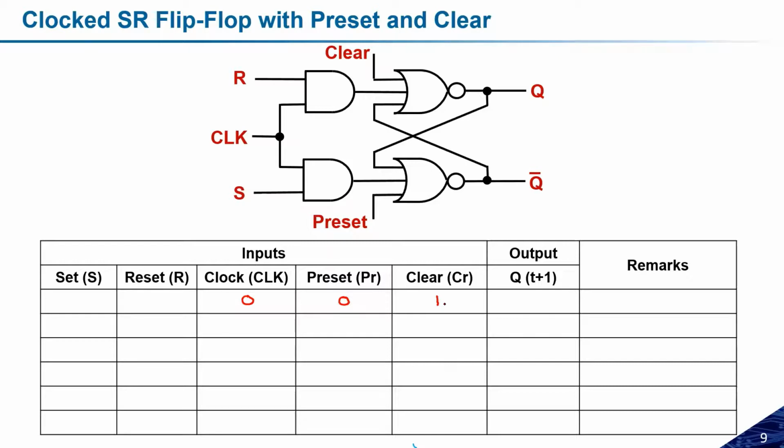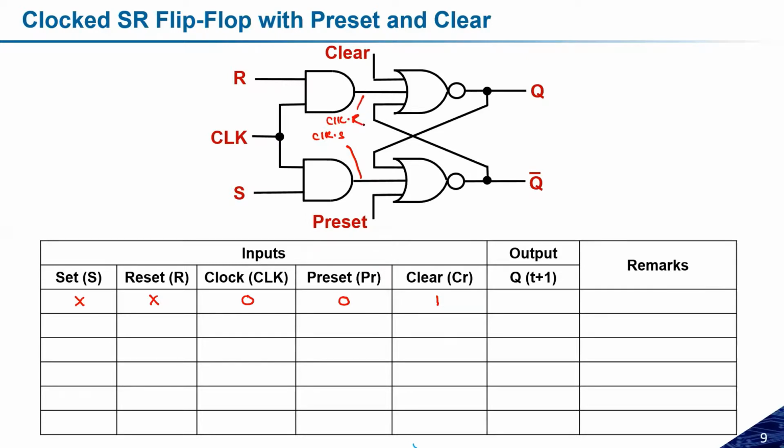If this is the case, then whatever the inputs of set and reset are, it does not matter, because the clock is 0, and these are AND gates. The AND gate output is nothing but clock into S, and here it will be clock into reset.